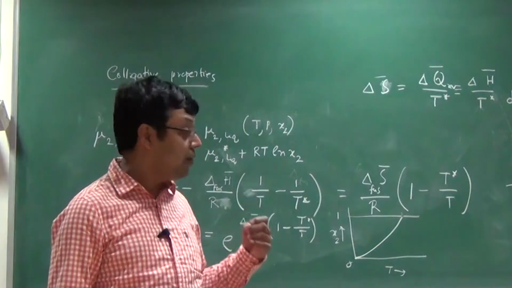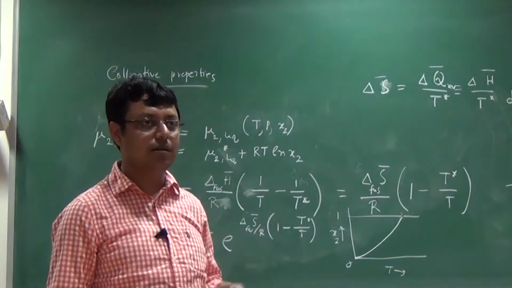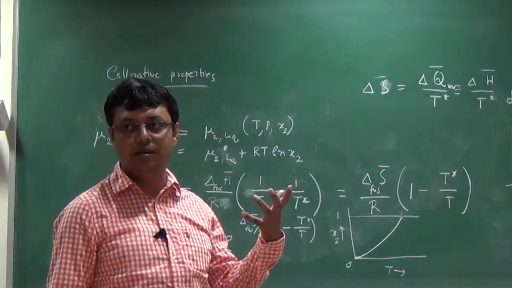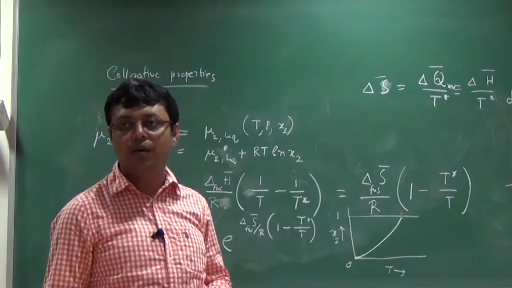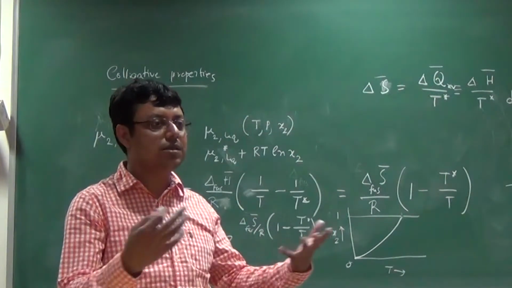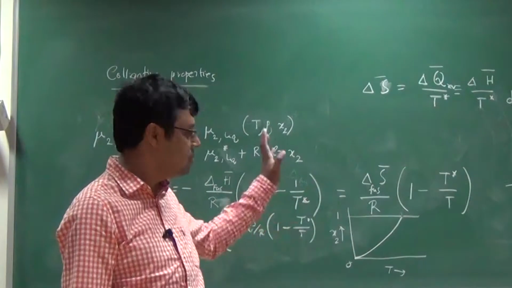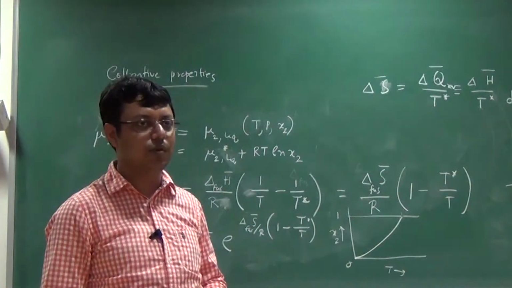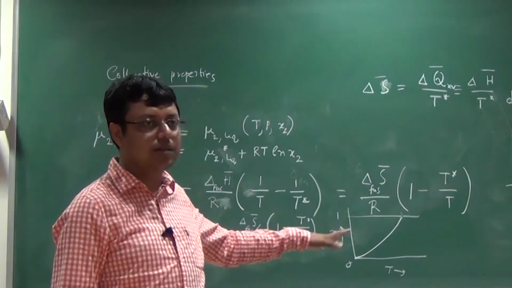Then if I elevate the temperature, when it reaches T star, the entire solid melts, because now it is the pure solute. But in between I can explain the variation.